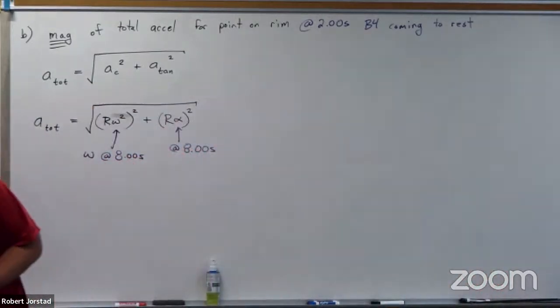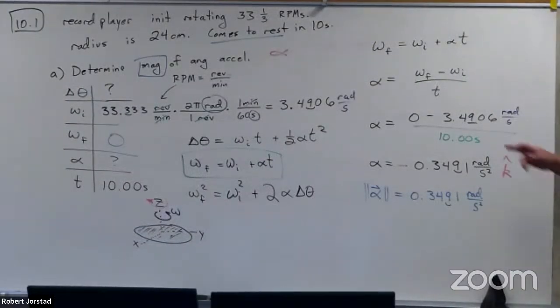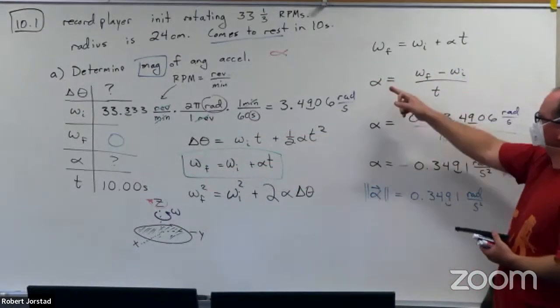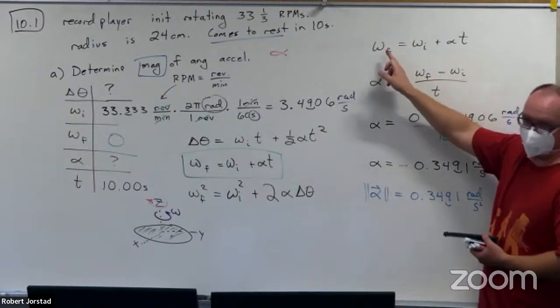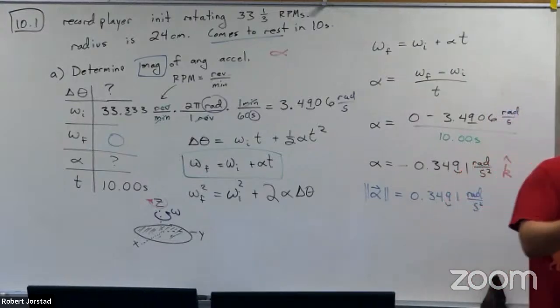For those on Zoom, I'm going to flip back to this board. You just plug in the first equation at the top. Yeah, we could use this equation again because we know omega initial. We basically have to do a new problem where we know the time and we look for omega final. Agreed? Okay. Let's do that real quick.